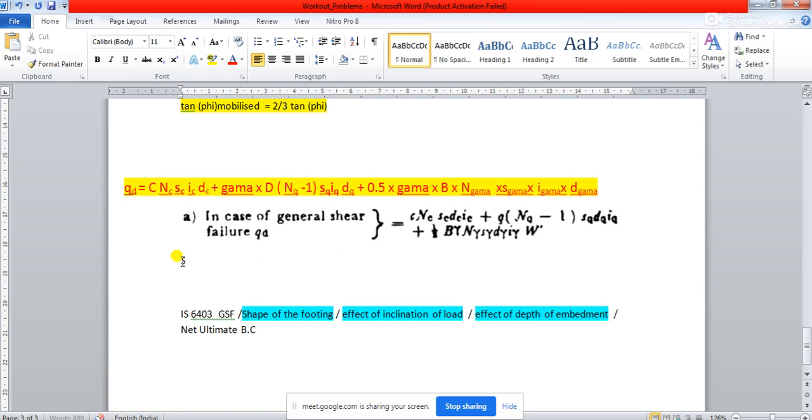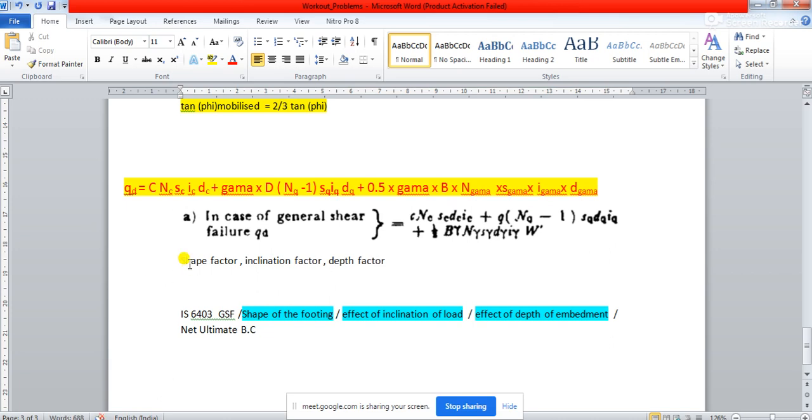So what are the three factors we have introduced? One is your shape factor, the second one is your inclination factor, and the third one is your depth factor.